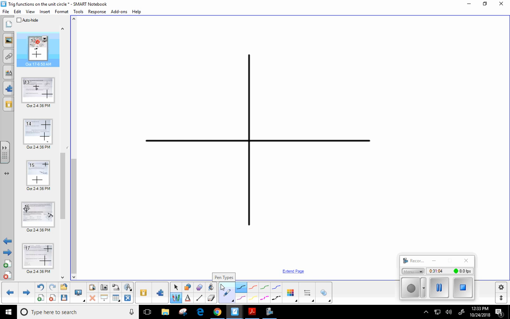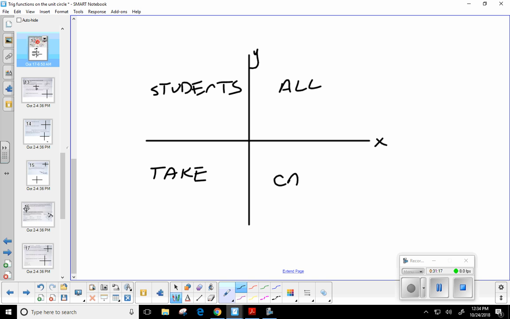So if you're thinking about your xy coordinate plane, just think this sentence: all students take calculus. The first letter of every word is going to tell you what trig functions are going to be positive there. Now, the one exception is A, because that does stand for all.